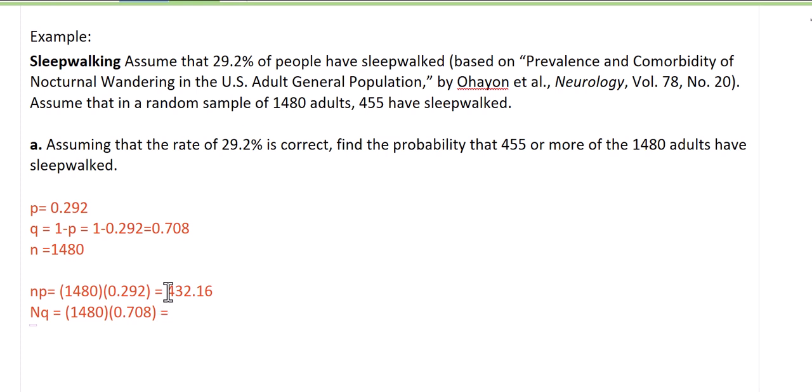When you do that on your calculator, you're going to get 1047.87. Together, they should add up to the size of the sample, 1480, so I think my approximation here is just slightly off, my rounding, but we are really close to 1480. So that is our NP and our NQ, which notice they are both greater than 5.